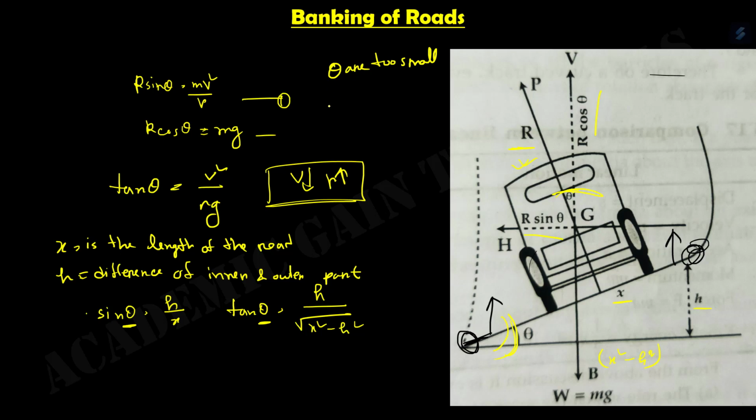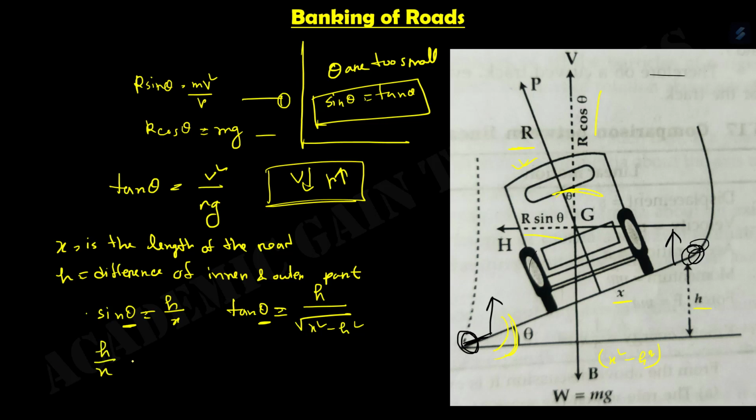When theta is very small, sin theta and tan theta are almost equal. So we can consider them as equal, and we can write h by x equals h by root over x square minus h square.